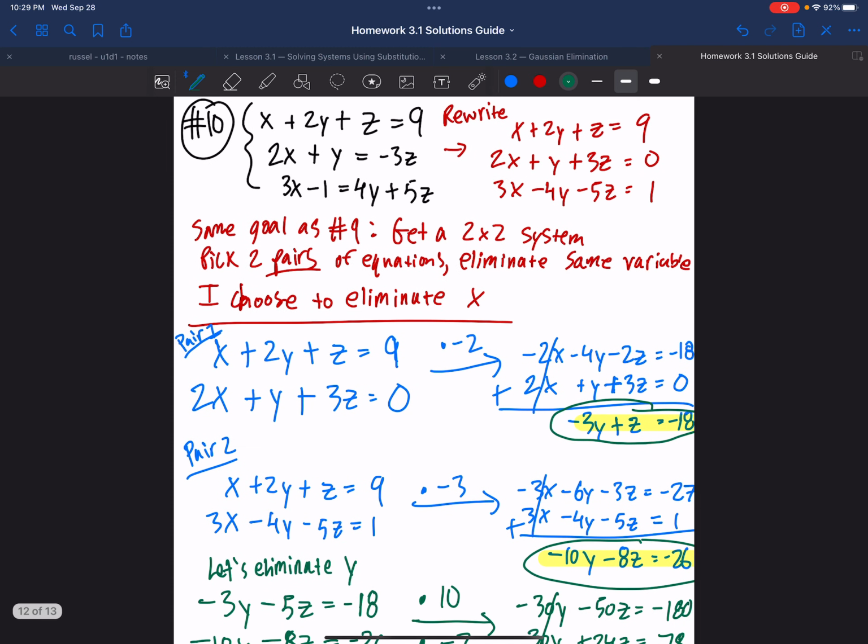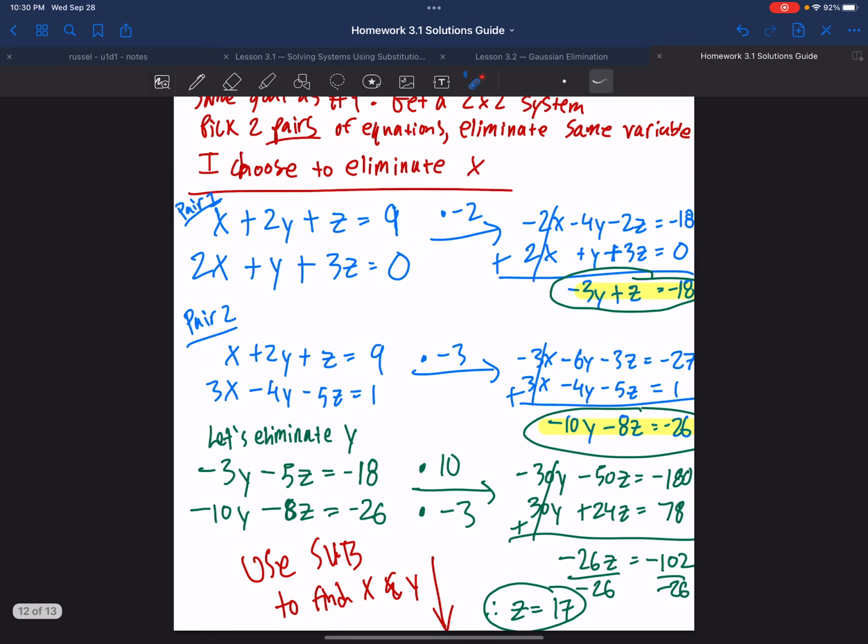But it was only here, so it fixes this. It's not a part of this, so all that works fine. All that changes is that this negative 5 is now a positive z. So this negative 5 is now plus z.